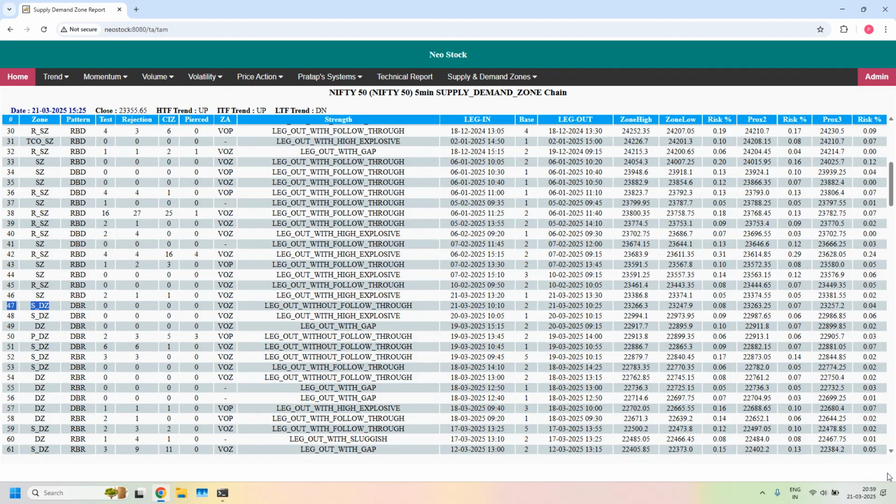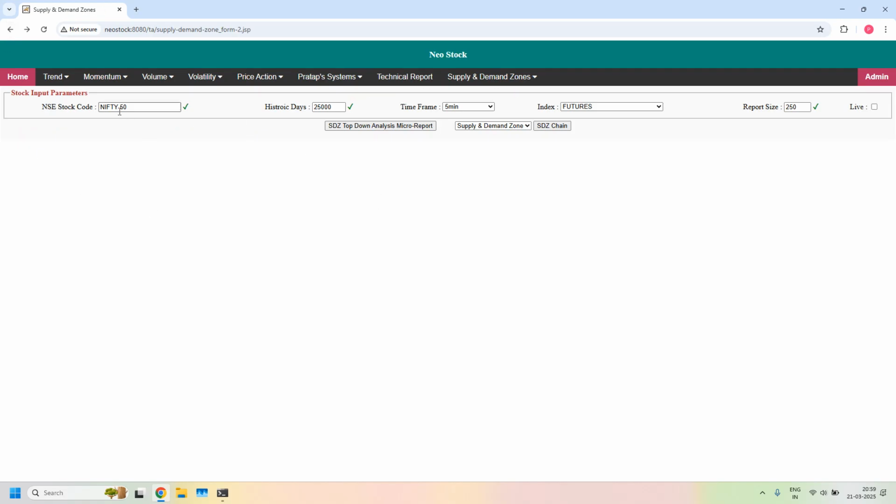Next, we will generate Bank Nifty supply demand zone chain. That is nothing but Nifty Bank. So generating monthly supply demand zone chain for Bank Nifty.